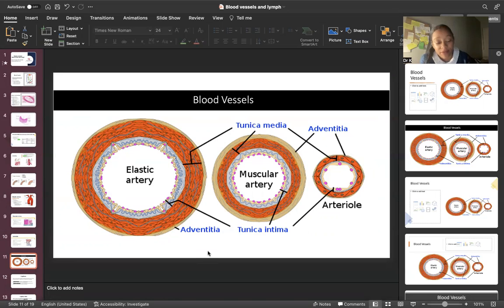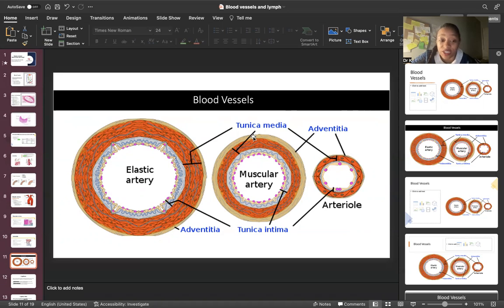Like I said, for the tunica intima, know how to look at them, right? If you see something that has a tunica media that is larger than all the other types of arteries, know that it has to be your elastic artery. Also understand that the smooth muscle tissues in this tunica media, responding to vasoconstriction and vasodilation, are really important.